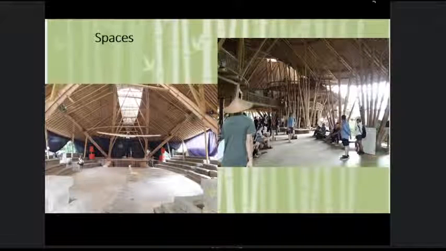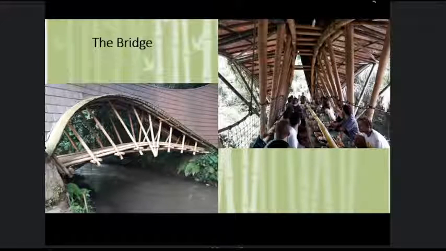Yeah, so this is part of Green School. I think this is their auditorium. And again, because of bamboo, there are hardly any walls. So this is a bridge over the same river that comes through the village.